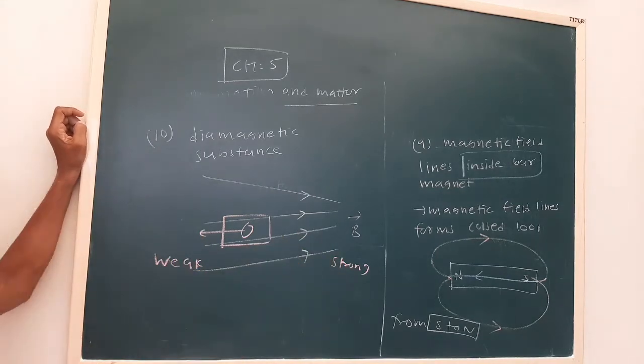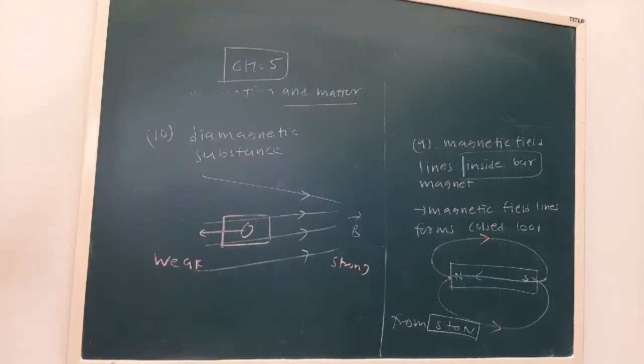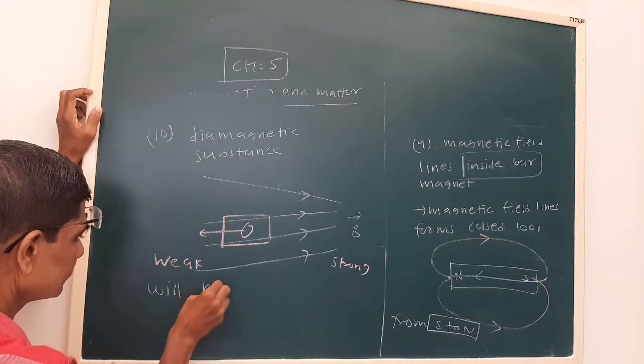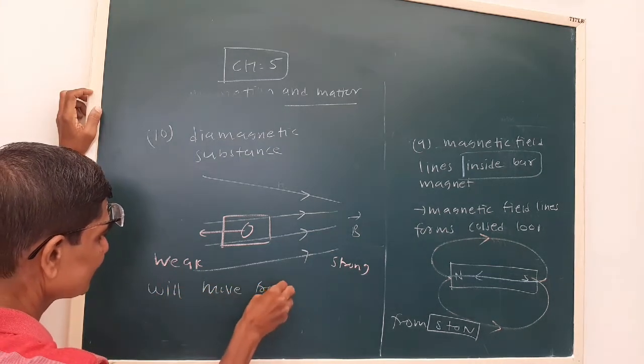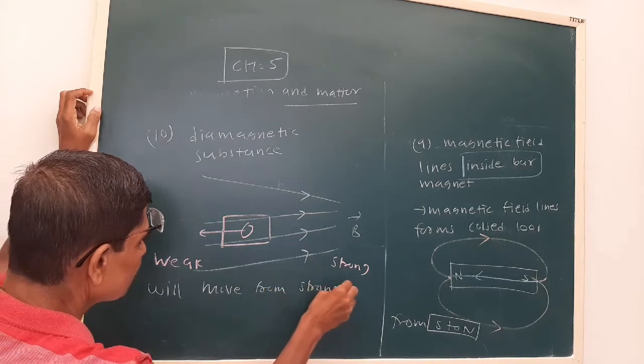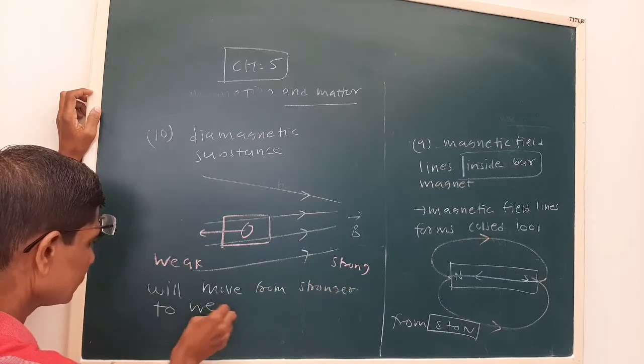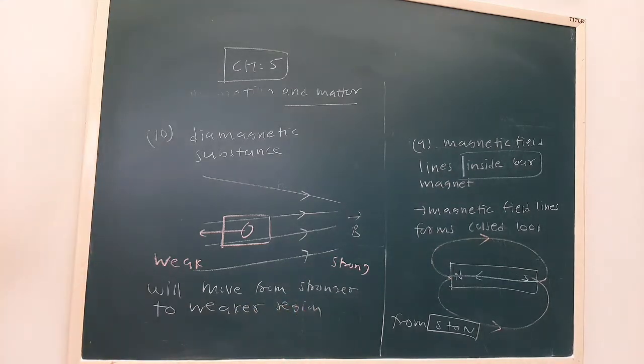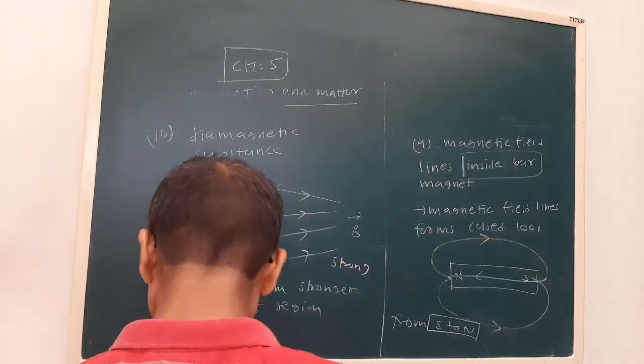See here the induced dipole moments are in the opposite direction. So in the non-uniform magnetic field, a diamagnetic substance will move from the stronger to the weaker region. Stronger to weaker region. See next MCQ.